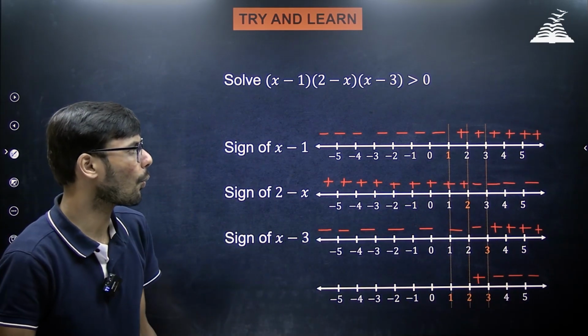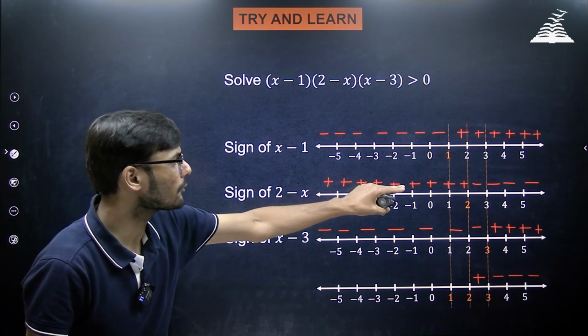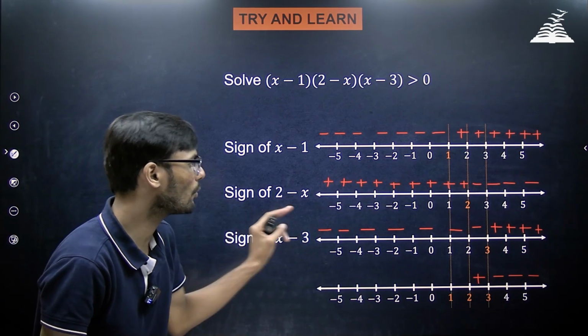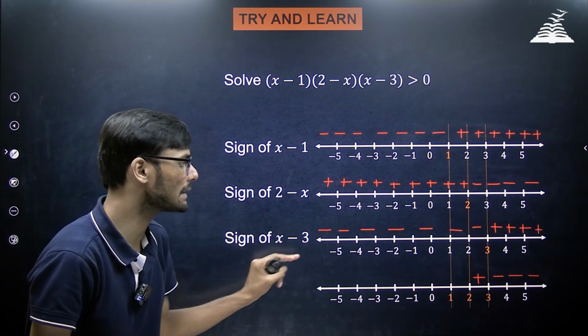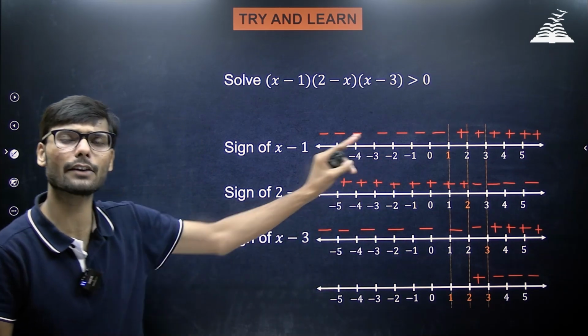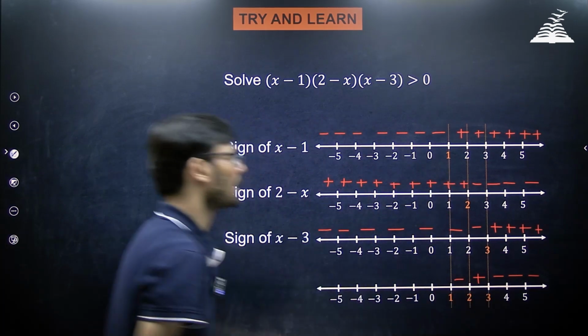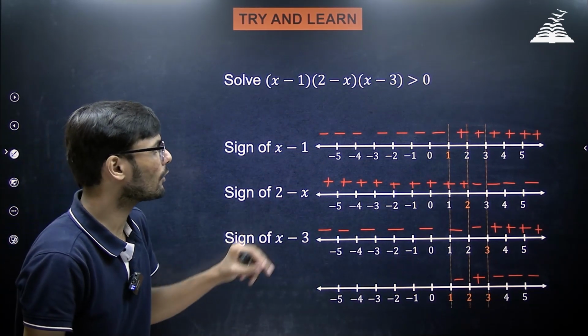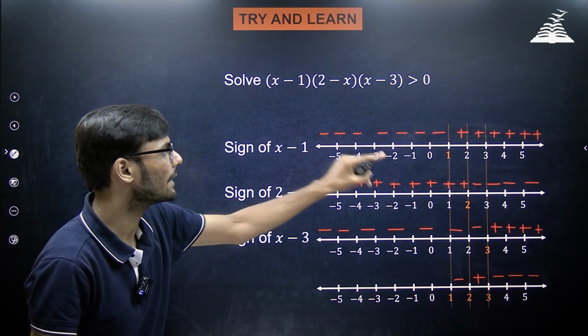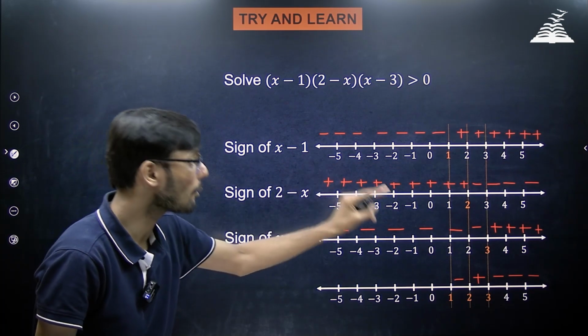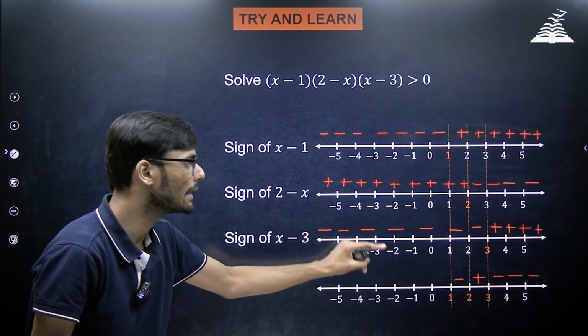Between 1 and 2, what will happen? x minus 1 positive, 2 minus x positive, x minus 3 negative. Two positives, one negative. In total, negative. Now on the left side of 1, x minus 1 negative, 2 minus x positive, x minus 3 negative.